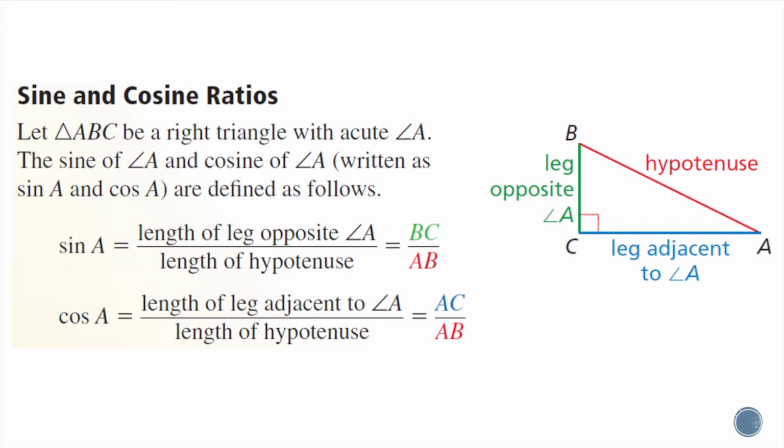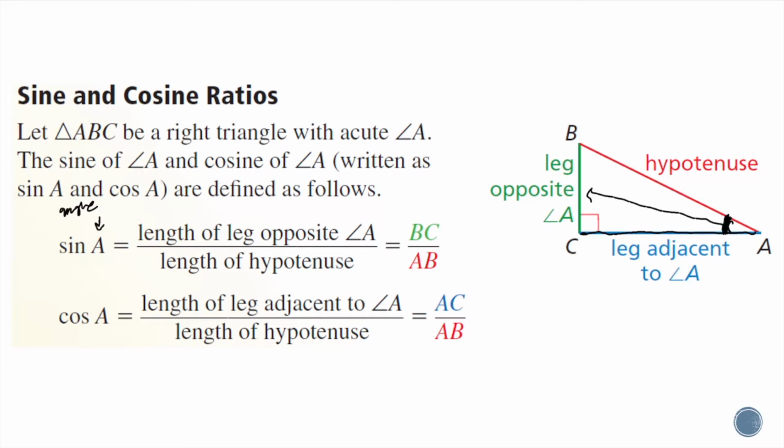So we're looking at the angle A. And here is my angle A. And the opposite of angle A is the green line. And the adjacent is again the side that is next to my angle. And again, the hypotenuse is always the opposite side of the right angle.